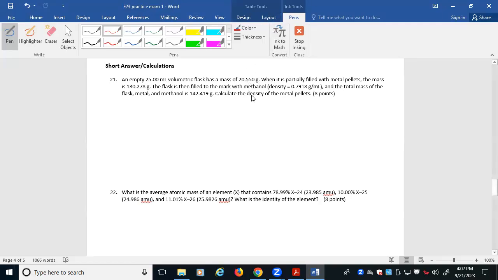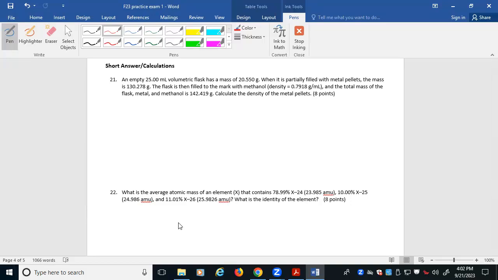So we're told that we have an empty 25 milliliter volumetric flask. It has this mass. We then fill it with pellets, and the mass becomes that. Then we fill the flask to the mark with methanol, and the total mass is this. And so what it wants to know is, what is the density of the metal?